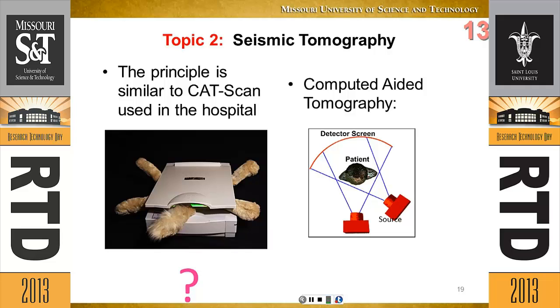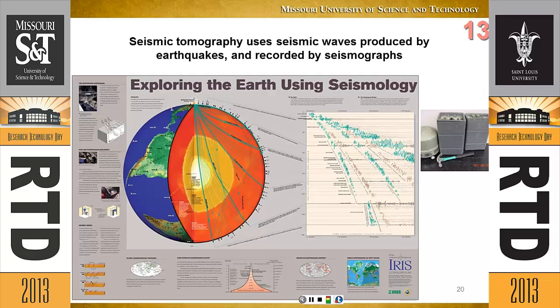For our purpose, we use seismometers like this kind of thing as the receiver. On Earth, we currently have maybe 50 to 100,000 of these, right?